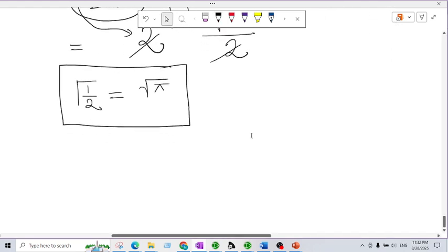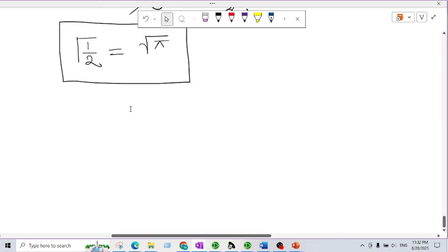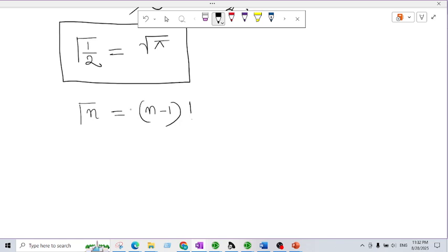So why have I found this gamma half? What is the significance of gamma half? Well, let's find that. Let's see what gamma n actually is. Gamma n is simply equal to n minus 1 factorial, right?